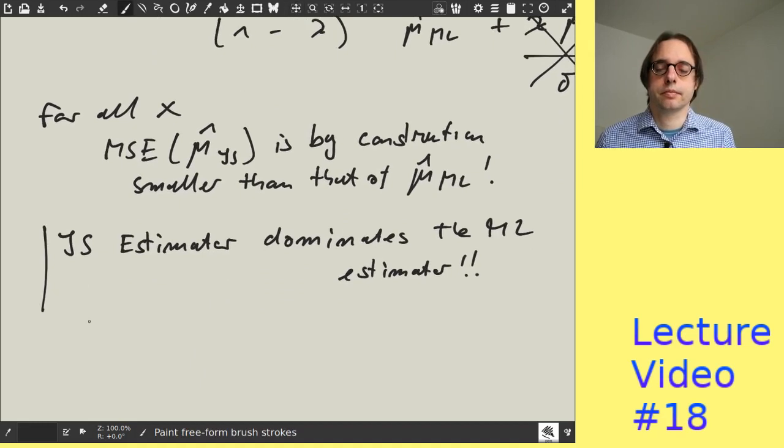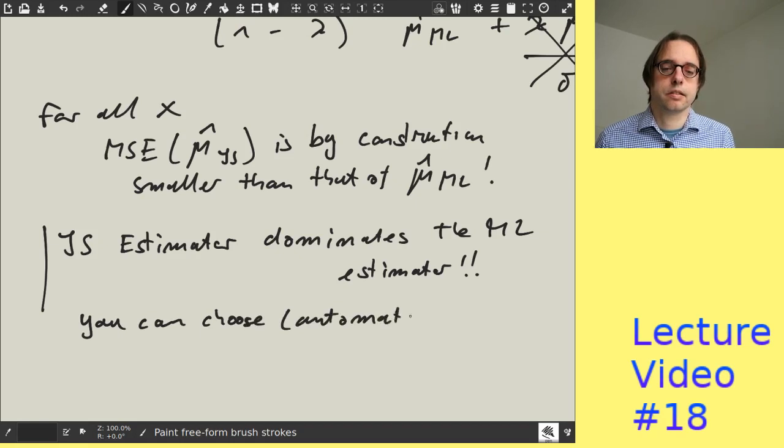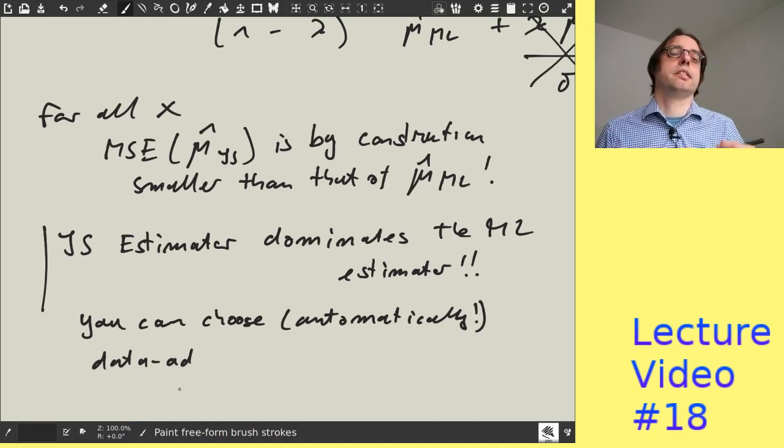So you can choose, and that's the thing, automatically and data adaptive, that's how you call this nowadays, because this is just the very first, very simplest method.